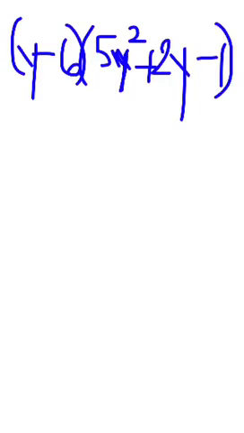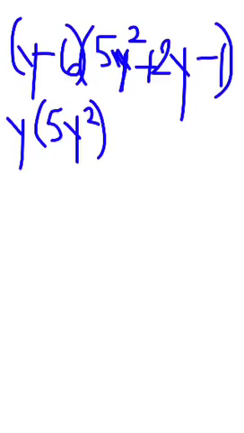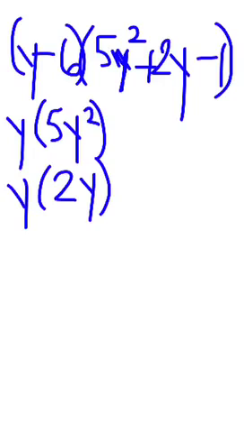The best thing to do here is the distributive property. So we can take y and multiply it times everything in the second parentheses. So y times 5y squared and also y times 2y and y times negative 1.